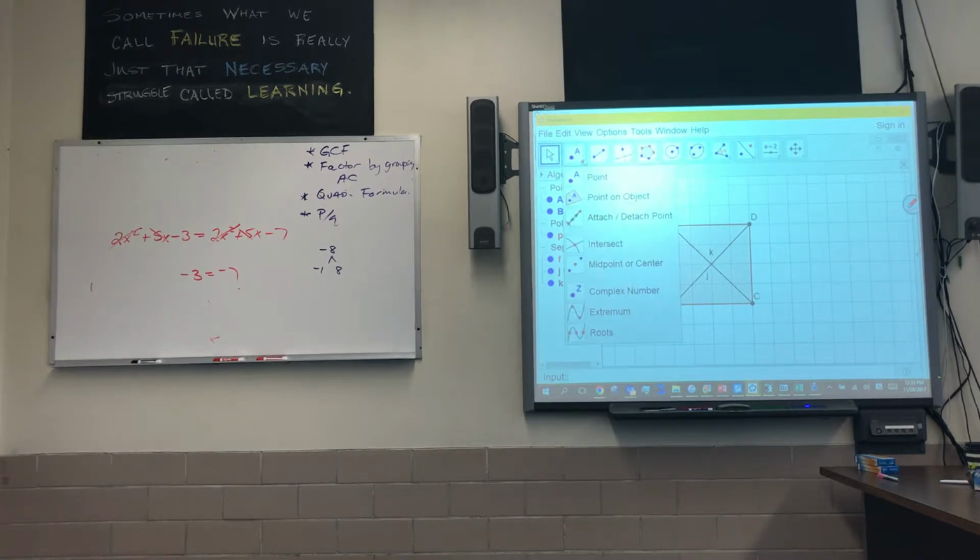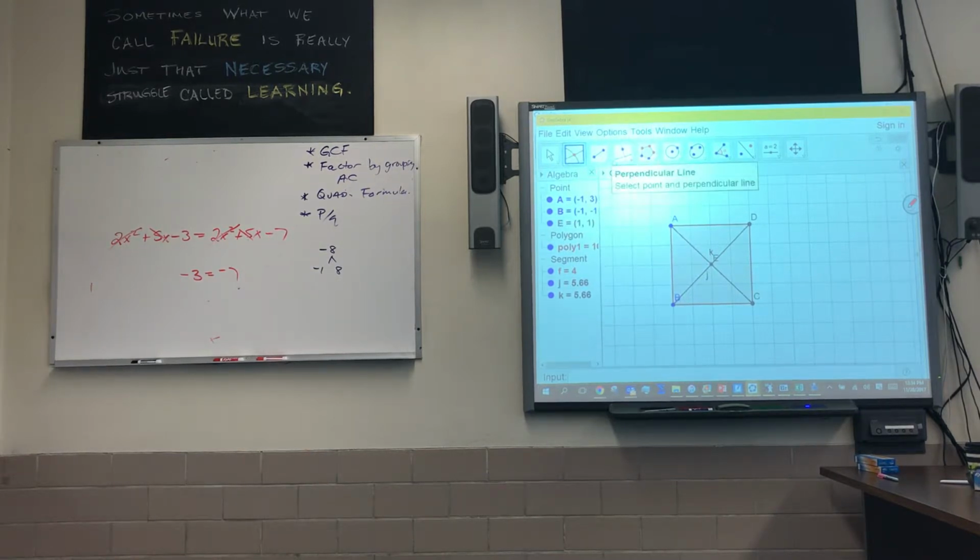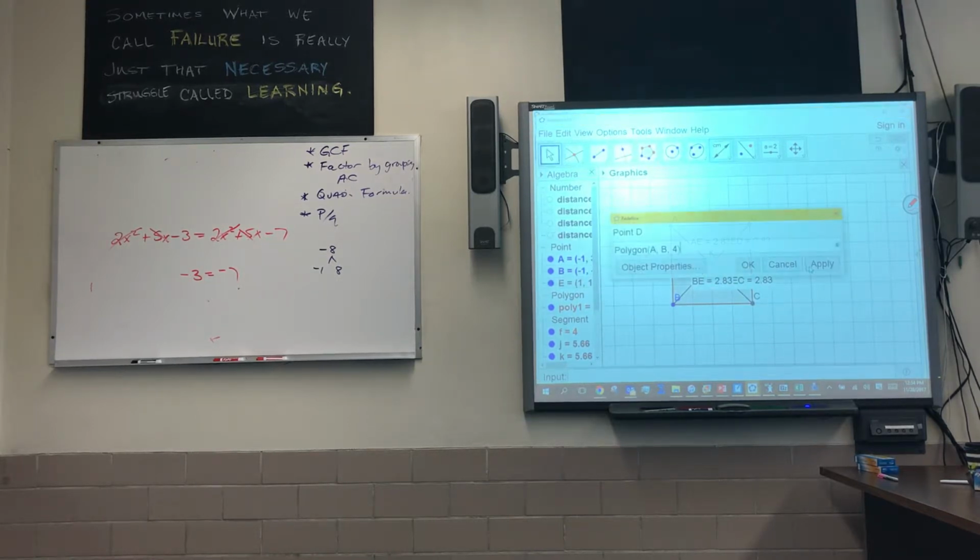When I find this point of intersection of J and K, of these two, we call those diagonals, we get point E, which tells me that the distance from A to E, and the distance from E to C, and the distance from B to E, and then E to D, all 4 of those distances are 2.83, right?